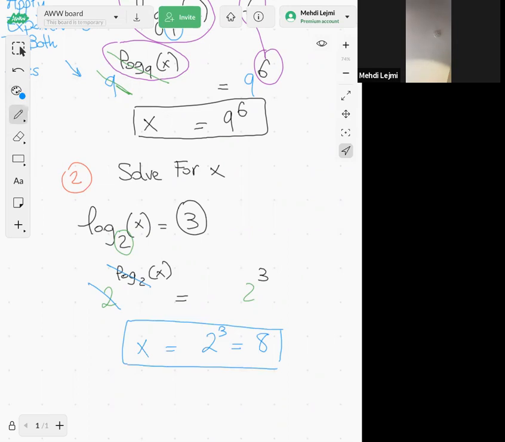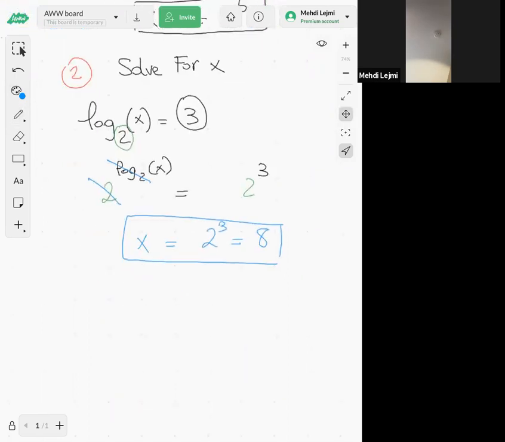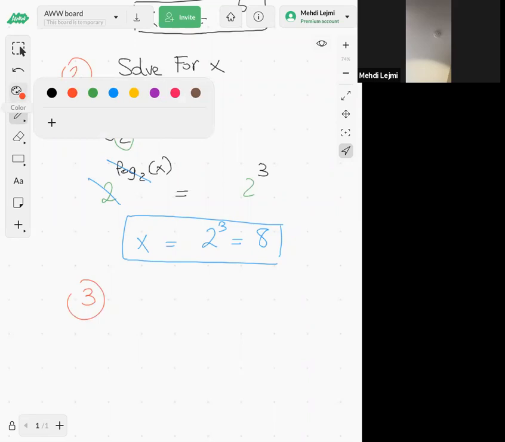Now, this is for the log. What about the exponential? Let's say now I want to solve for x.